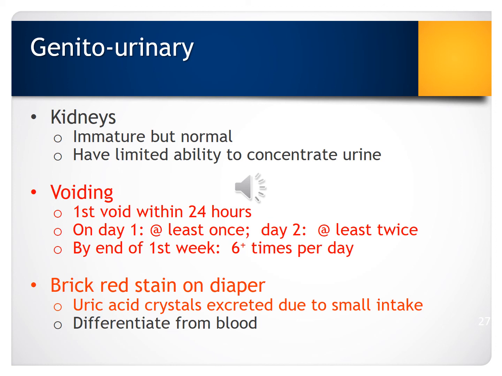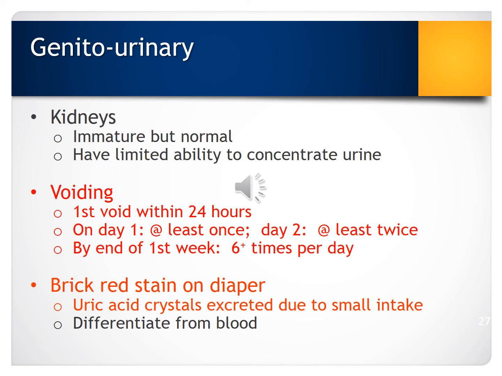And this rule is usually taken into account a couple of days of life once milk supply is being established. So we tell moms upon discharge at home, they'll know that the baby is getting adequate feeding if he or she's having at least 6 wet diapers a day.